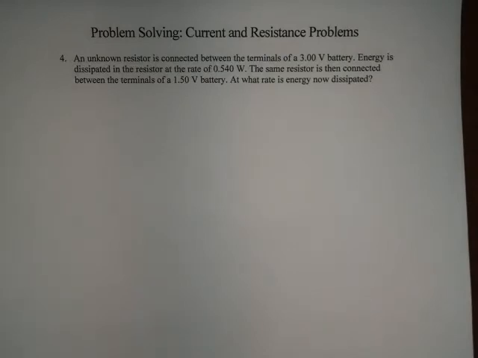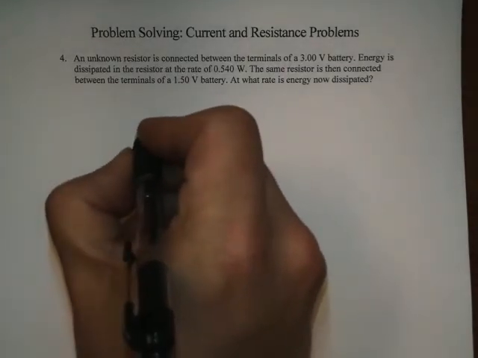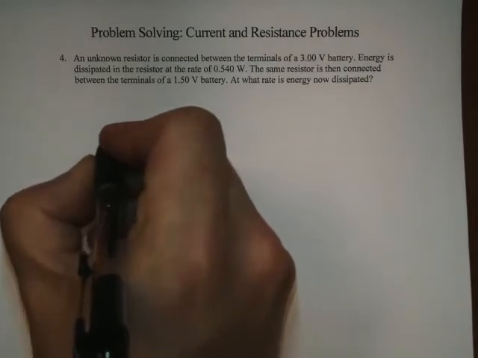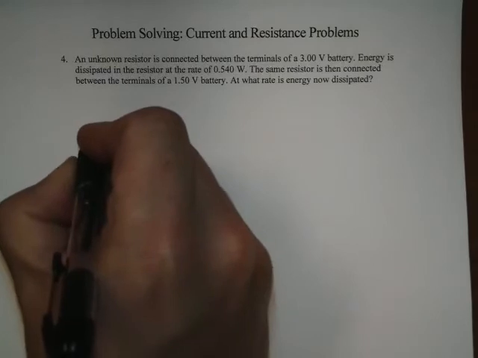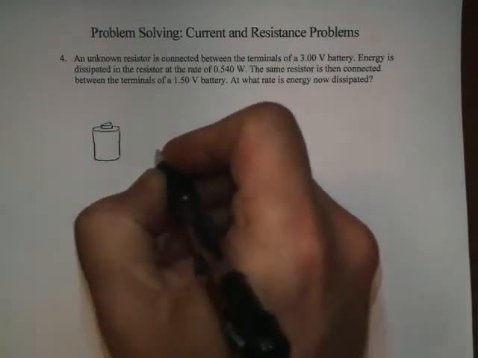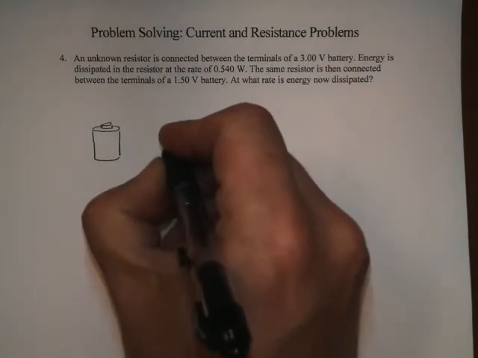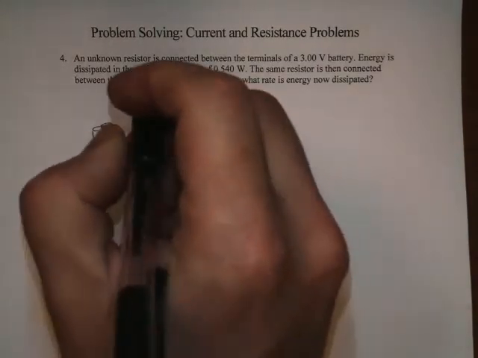It says an unknown resistor is connected between the terminals of a 3-volt battery. Energy is dissipated in the resistor at a rate of 0.54 watts. So we have a battery and a resistor here, and when you send electric current through a resistor, you get heat out of that.